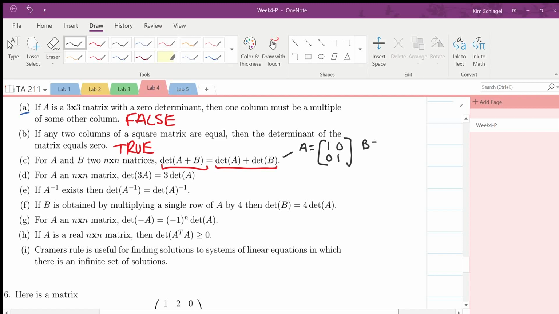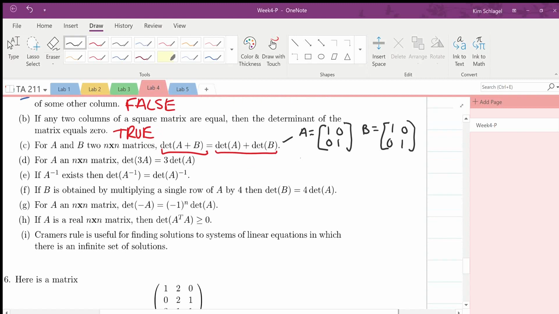And let's just, for simplicity's sake, also make B equal the identity matrix, okay? So we want to take the determinant of A plus B, so the determinant of these two together. So A plus B in this case, we're adding A plus B, so this is going to equal the determinant of 2, 0, 0, 2.